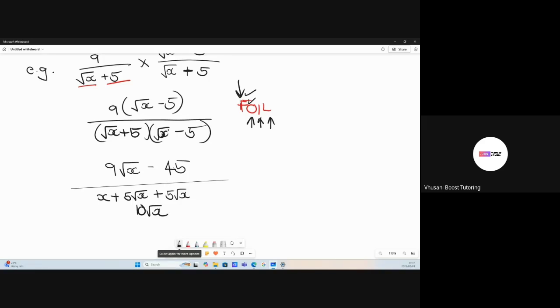You would still have a square root in the denominator. So it's very important to change to the conjugate so that you have two middle terms that cancel out. Okay, so now the last two will be 5 multiplied by negative 5, which is negative 25.